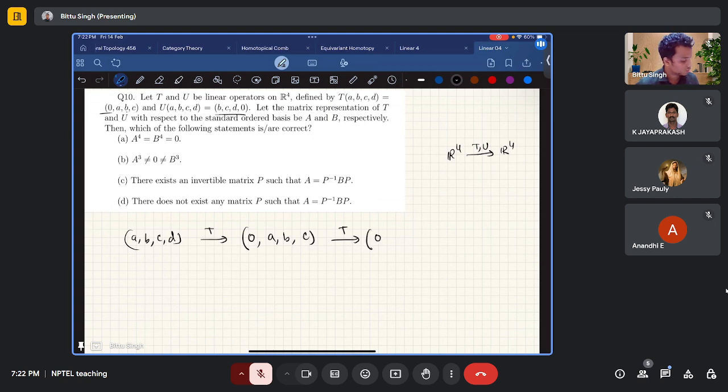So it is (0, 0, A, B). Applying T again makes it (0, 0, 0, A). Those are the correct notation. And again if we apply T, one right shift, it will make it 0.